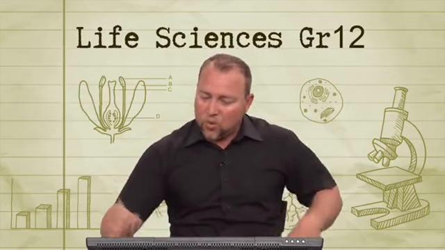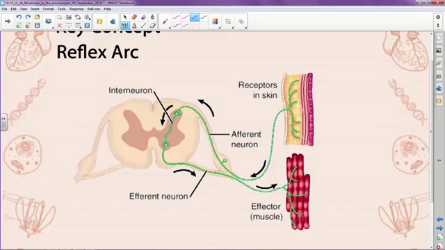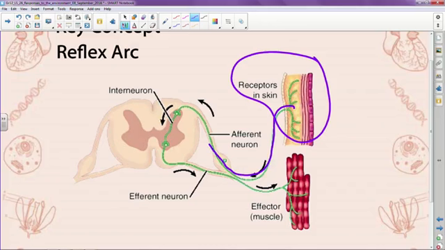Cool. Now, one thing I want to have a look at is your reflex arc. I just want to go over this to make sure that you know it. You've got your receptors in the skin, for example, which picks up a stimulus. It comes all the way up to the reflex arc. What is that? That's your sensory neuron.